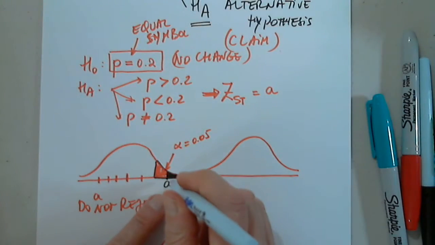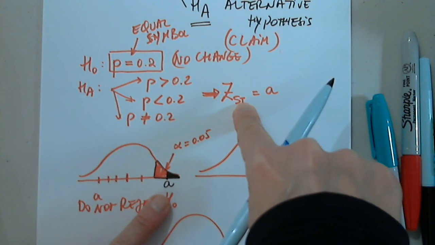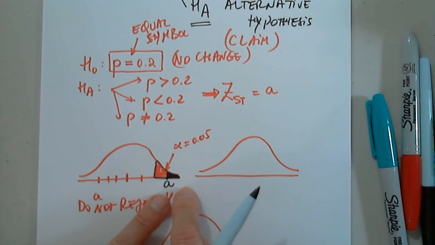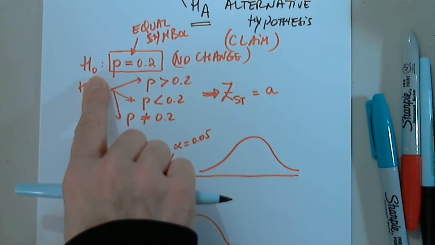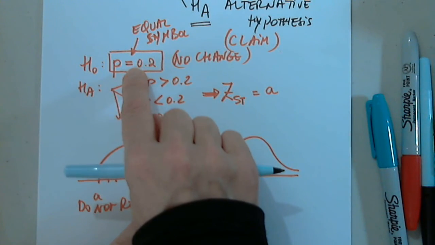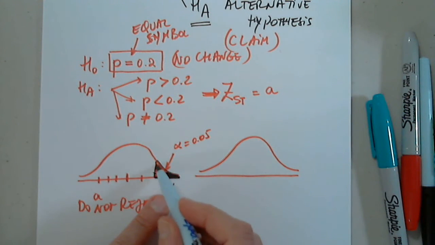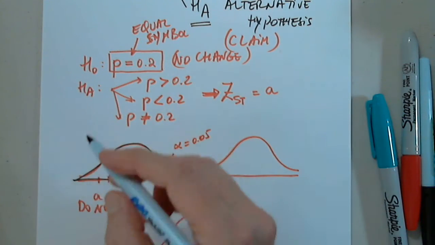Then I will have to say that the information coming from the sample is sufficient to conclude that the null hypothesis has to be rejected. The information coming from the sample rejects the null hypothesis because I got a number in the rejection area. This is the non-rejection area.